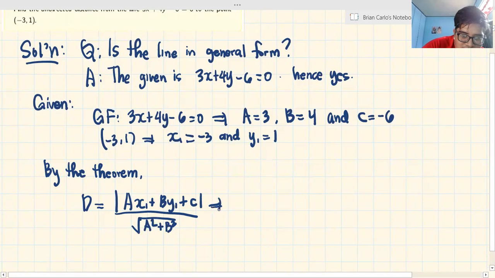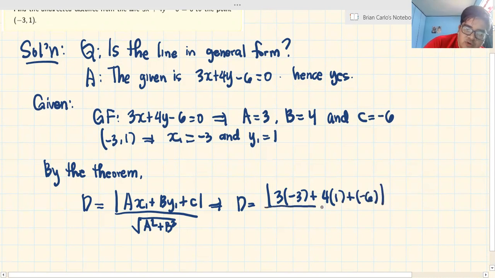And this implies that si D ay equal sa absolute value of A, sino si A? 3. Sino si x1? Negative 3, plus B, 4 multiplied by y1, 1, plus C, negative 6, all over the square root of A squared, 3 squared, plus B squared, or 4 squared. Tama? Nasusundan nyo ba yun?